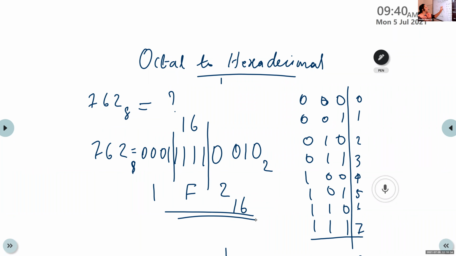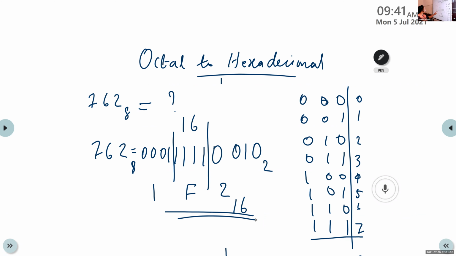After converting octal to binary, group those binary digits in groups of 4. So I create 3 groups here, and after that, select the 4-bit table and write the corresponding value of each binary group.